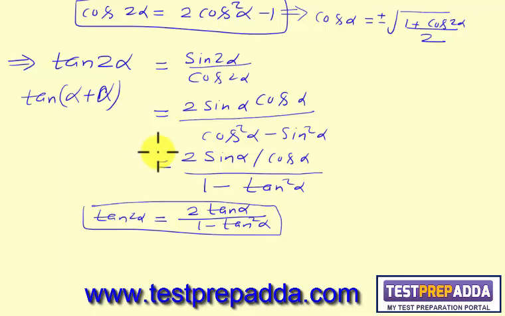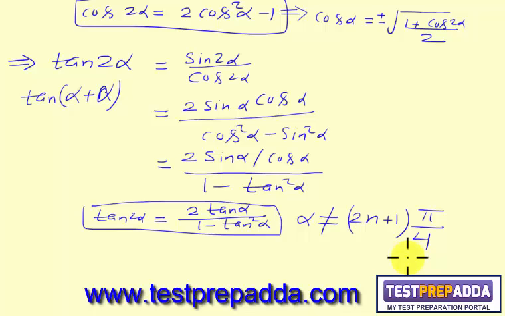Dear students, please note that here alpha should not be equal to 2n plus 1 pi by 4. Okay, at these angles tan 2 alpha will not be defined.